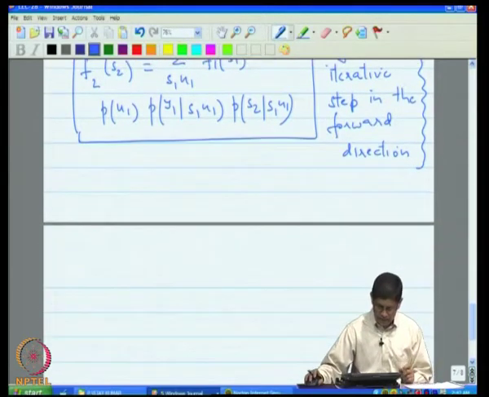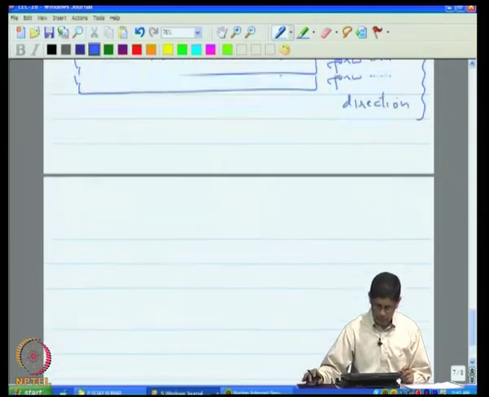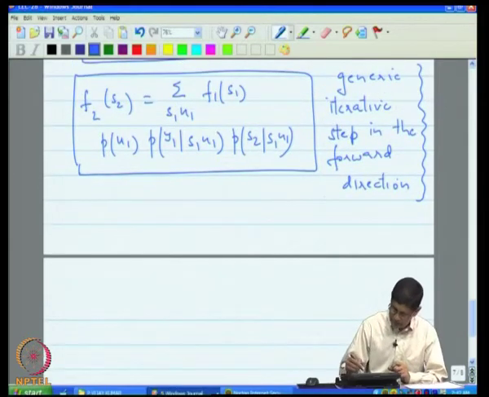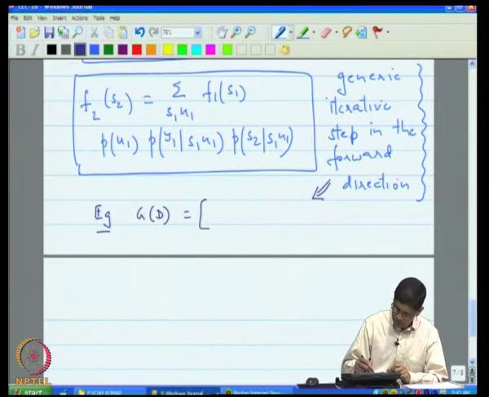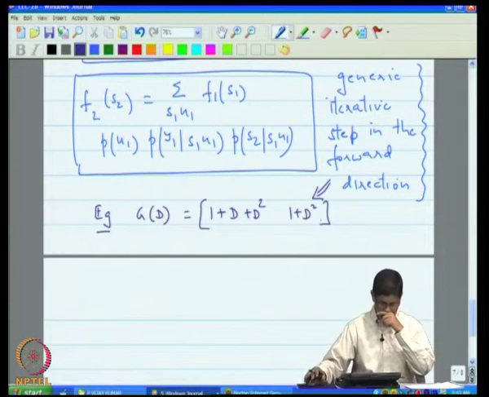And to see that, we will try to get some feel for it via the example of our code whose polynomial generator matrix was 1 plus d squared, 1 plus d squared.